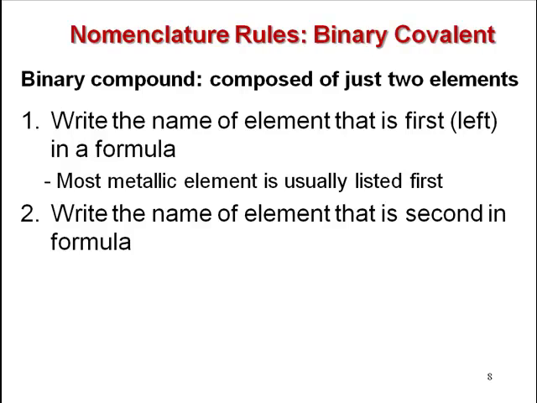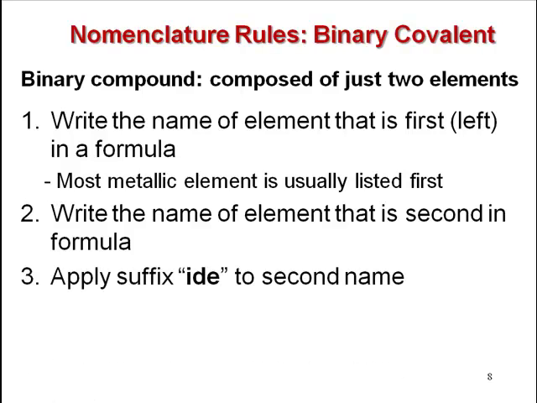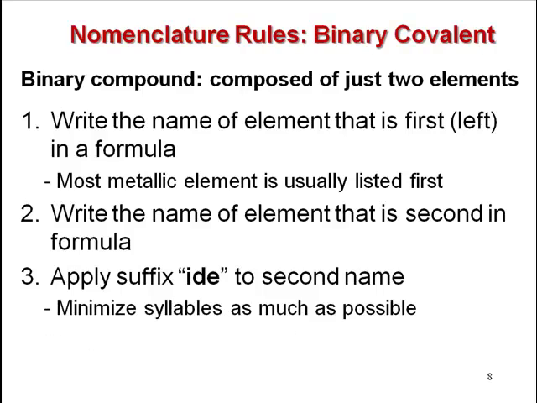Then you're going to want to write the name of the element that is second in the formula. The last thing you do is you apply the suffix IDE to the second name. So first element, second element, and then apply IDE to the second name.